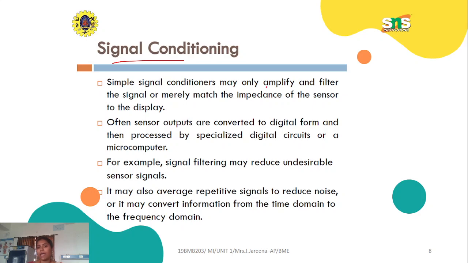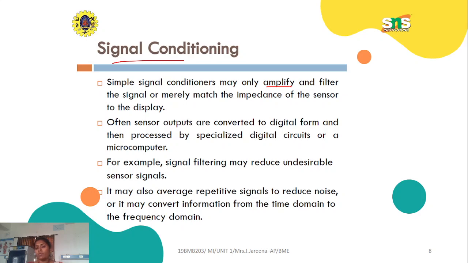One is the amplifying process. The output you are getting from the sensor or transducer is weak in amplitude, that is, weak in strength, so you have to strengthen that signal up to the mark. For example, if the output is in millivolts, the following electronic device will not accept that voltage level, so it cannot be processed easily.